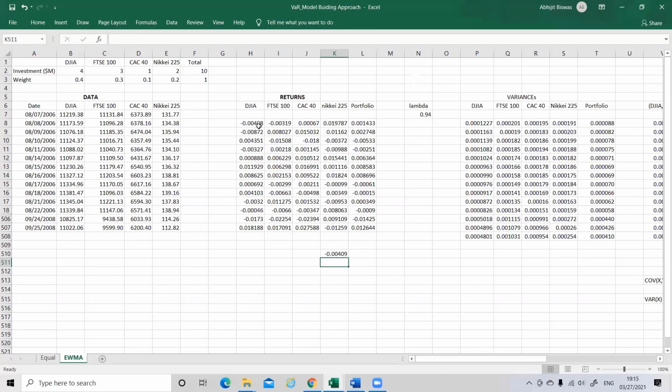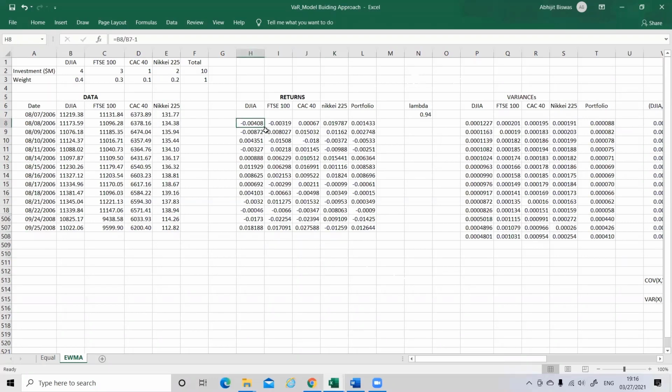Here it is 0.00408. So this is another way of calculating return. By far we have used continuous compounding, but this is another way you can do it. Especially for daily data, the difference will be very, very small. So it does not really matter whether you use continuous or the normal way of calculating return.